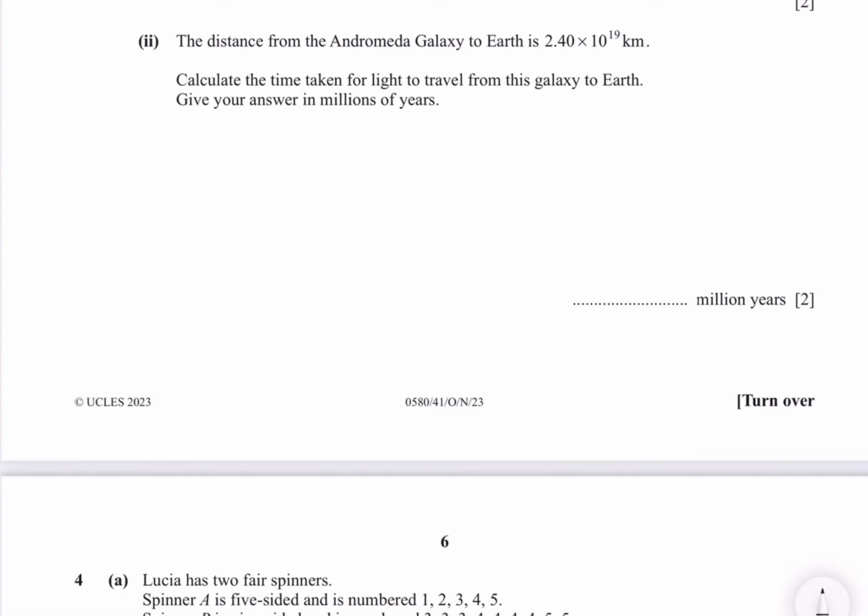Distance of Andromeda galaxy to Earth is 2.4 into 10 power 19 kilometer. Calculate the time taken for the light to travel from this galaxy to Earth. Give your answer in millions of years. Alright, so we have to write 9.461 into 10 power 12 kilometer. This represents 1 year. So 2.4 into 10 power 19 kilometer will represent x. Cross multiply.